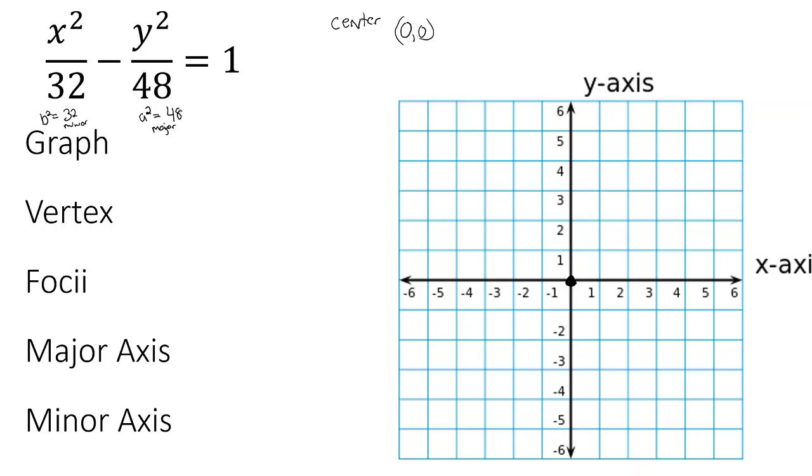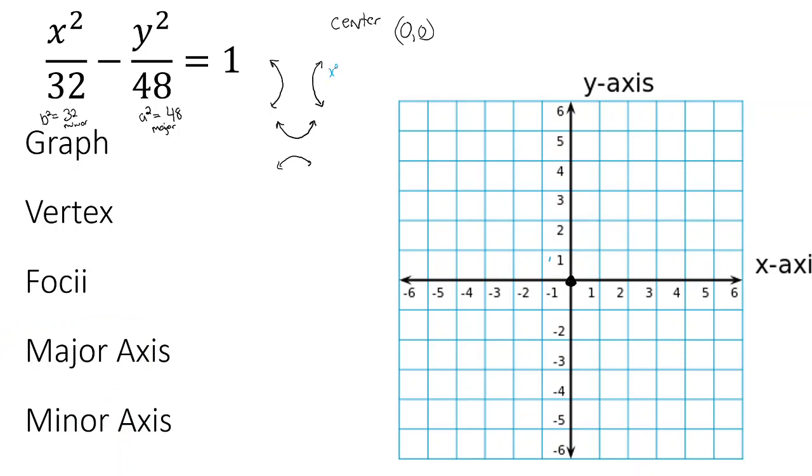Okay, now, when we begin looking at this, a hyperbola can either go like this, open horizontally, or it can go like this, open vertically. How you know which one's which depends upon what value comes first.